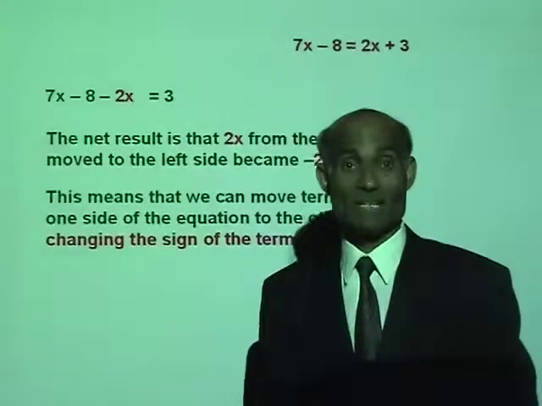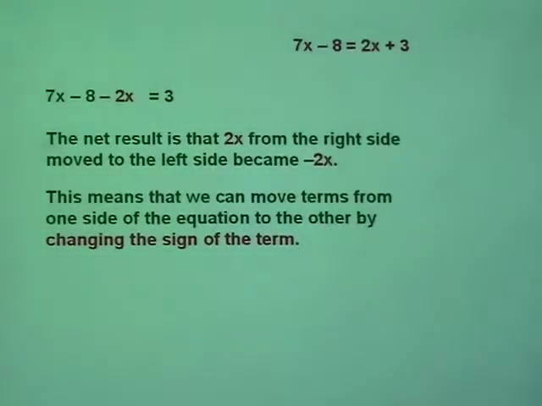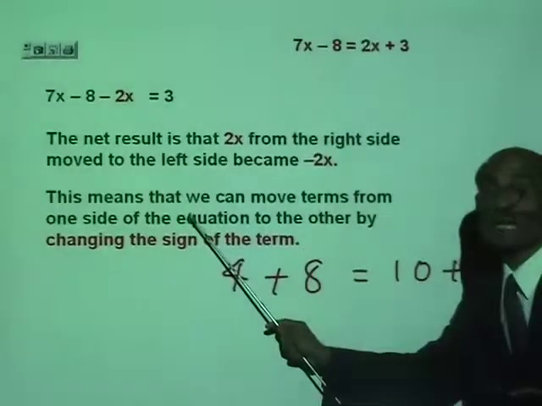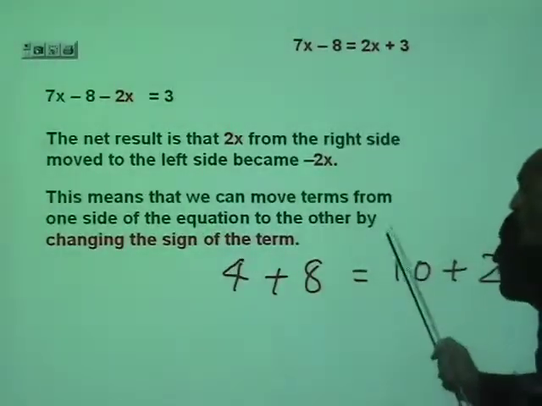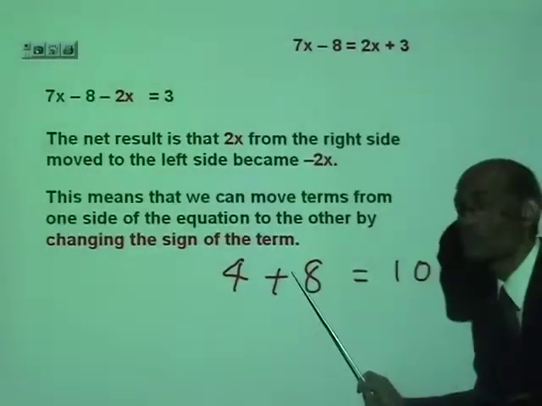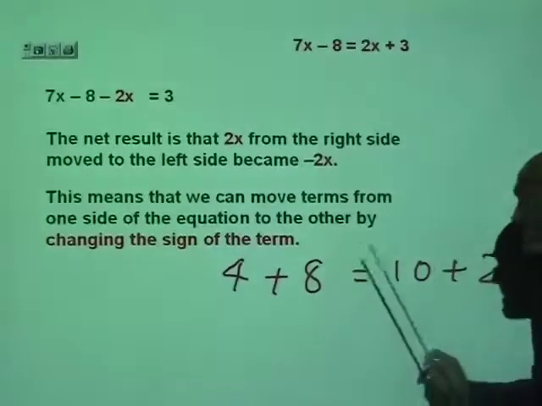Is that right? Yes. Now let's examine a couple of simple examples. If you notice here, I can write 4 plus 8 equal to 10 plus 2. Do you agree that is right? 4 plus 8 equal to 10 plus 2. Now, what I'm saying here is that a term from the right can be moved to the left by simply changing its sign.